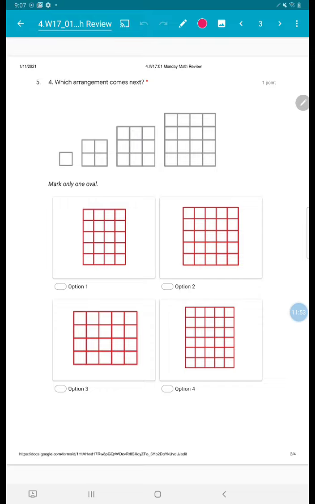Next, it asks us which arrangement comes next. So if I look at the pattern here, I have one row and one column. Then in the next one, I have 2 rows and 2 columns, 3 rows and 3 columns, 4 rows and 4 columns. So what would come next?